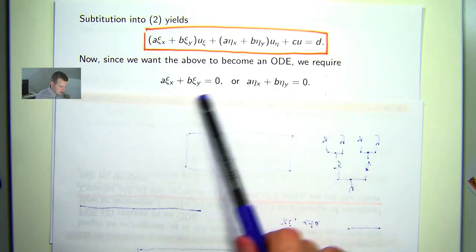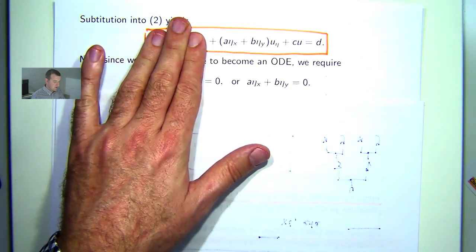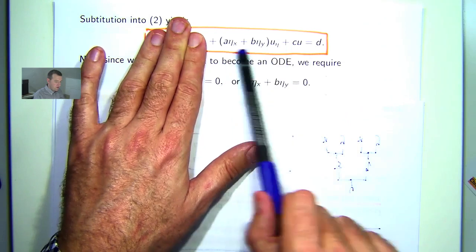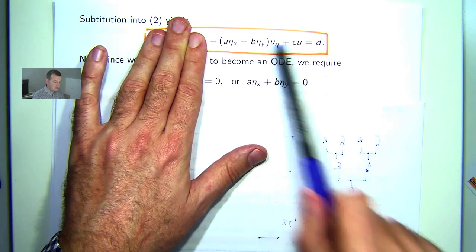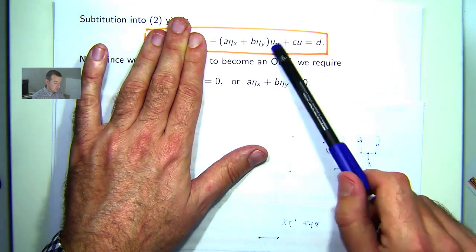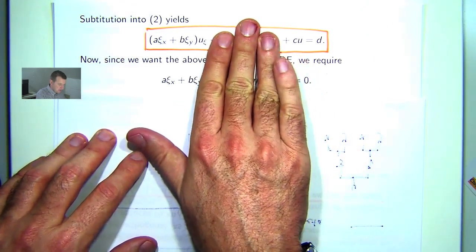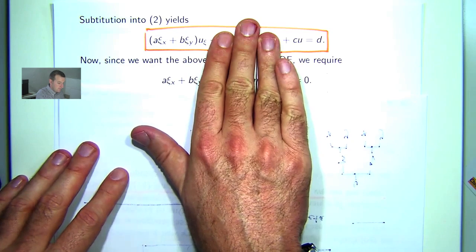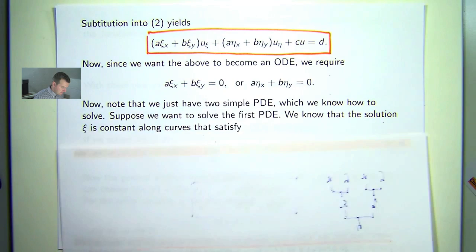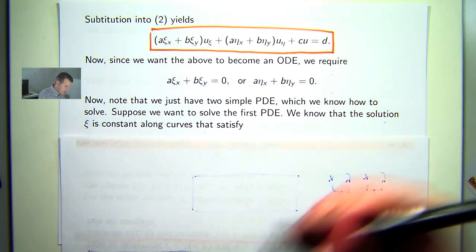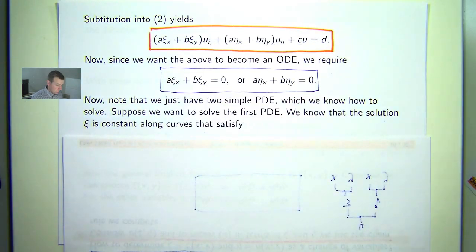If I choose psi so this happens, then that term will disappear, and lo and behold, I've got a PDE where only one partial derivative of the unknown function u is present. Alternatively, you could have this, and then that would disappear, and you'd still have only one partial derivative of the unknown function appearing. So the point is, these are simple PDEs that we know how to solve.